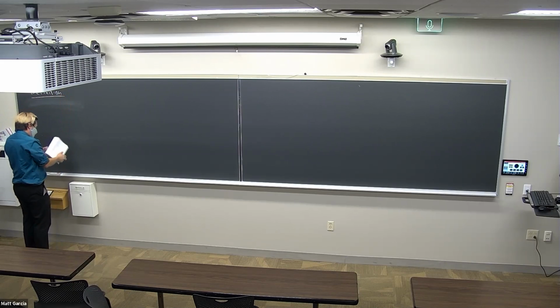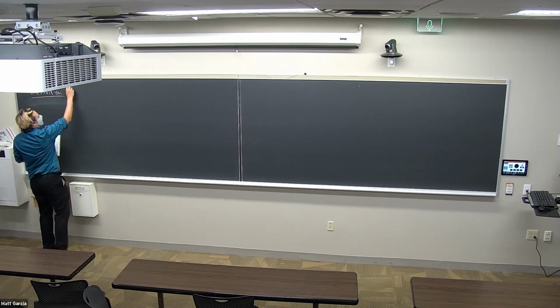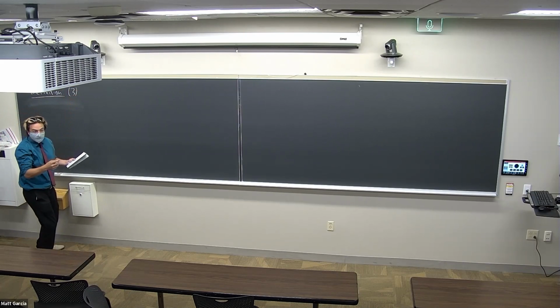I don't know what number we were up to. I think we just finished 3. Okay, yeah, right. I wanted to remind you what 3 was, the definition of an open set, right?